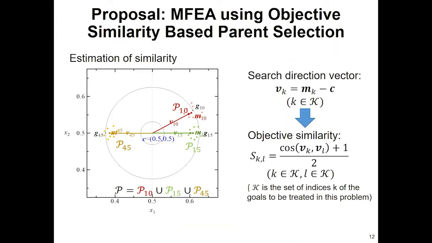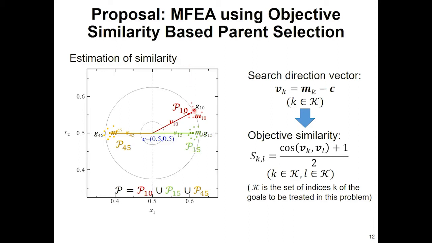To do this, we add two steps to the conventional MFEA before the parent selection. The first is to estimate the similarity of the objective function. This figure shows an image of calculating the similarity of the objective function.